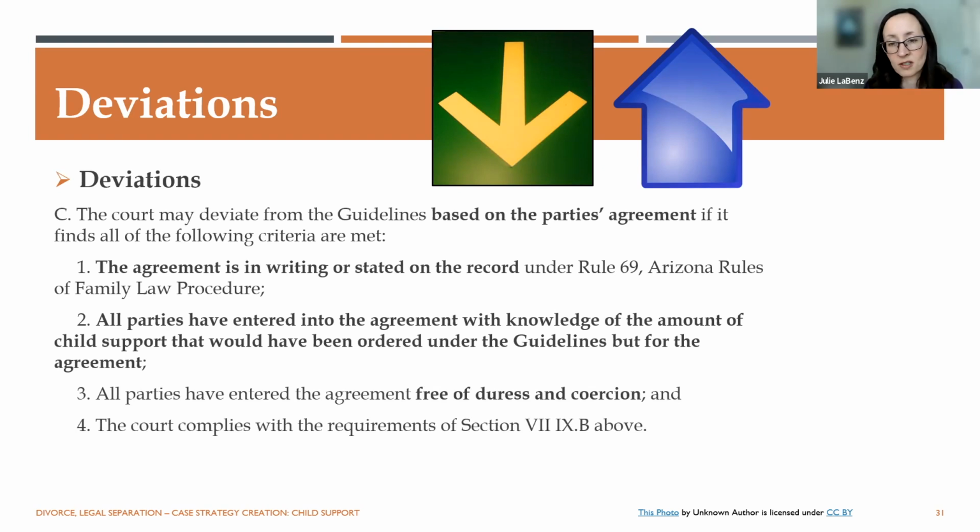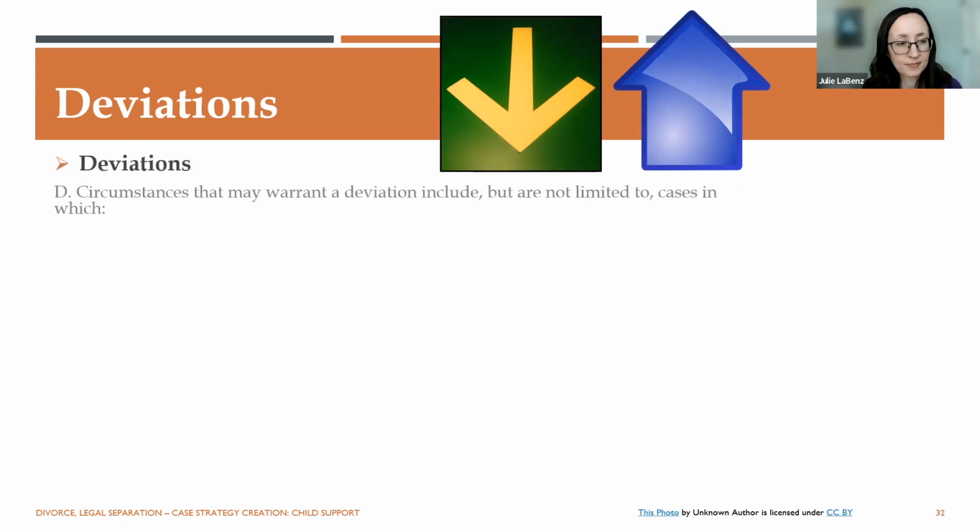So the court determines this is in the child's best interest, the court looks at the amount before and after the deviation, and the court determines that applying the guidelines would be unjust.